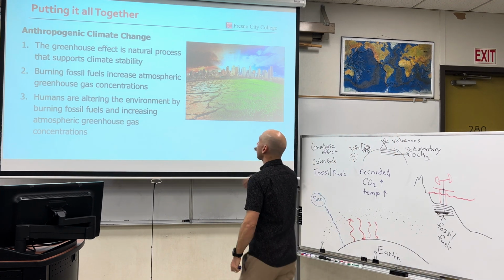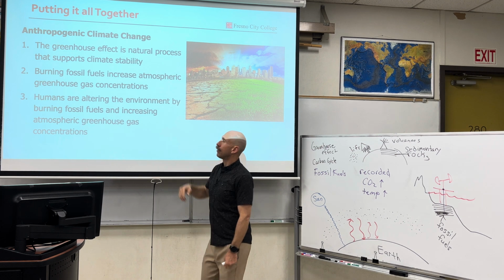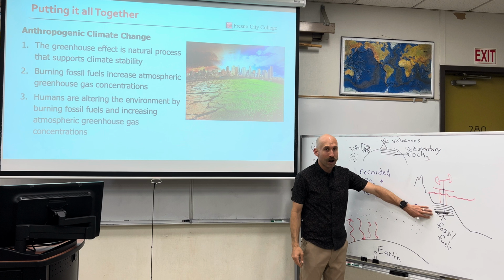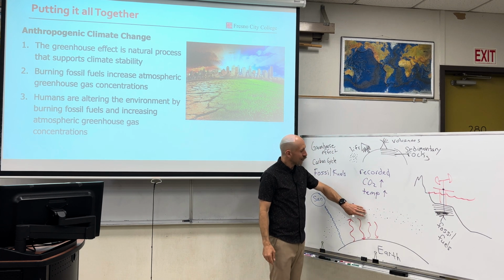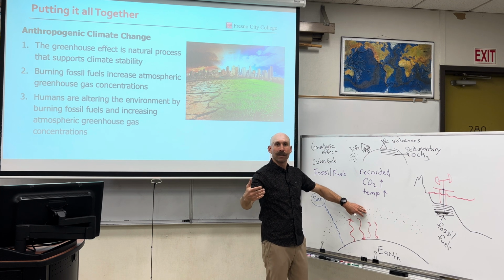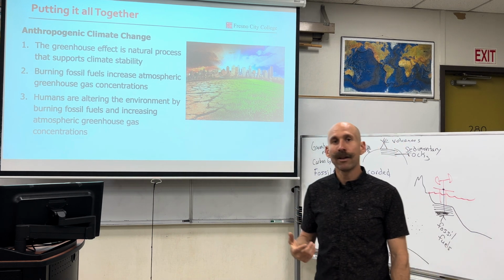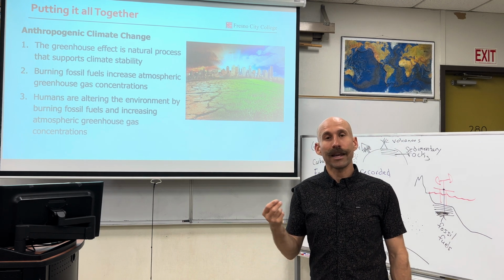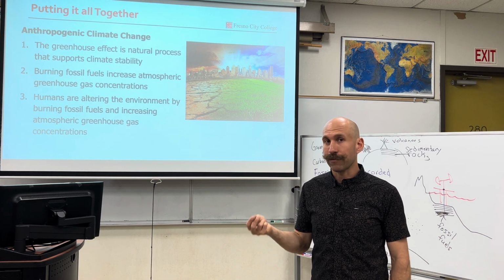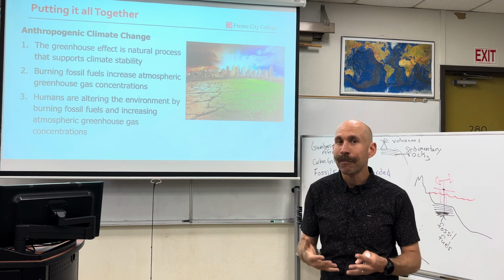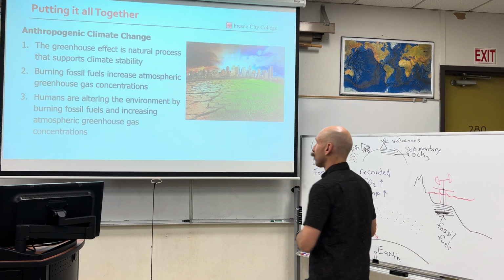Well, burning fossil fuels pulls carbon out of rocks that would be there for millions of years and combusts it into the atmosphere, increasing atmospheric concentrations of carbon dioxide, which will lead to increased Earth surface temperatures that we've already recorded as happening since the dawn of the Industrial Revolution.